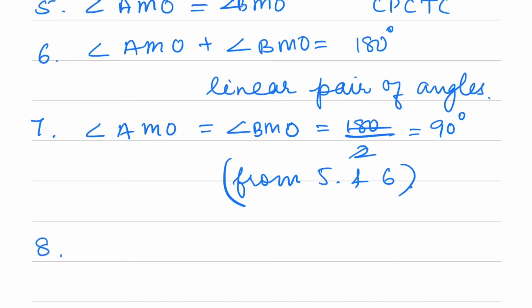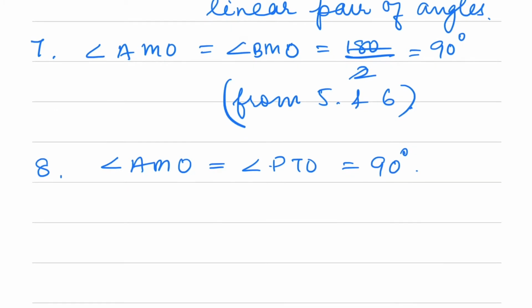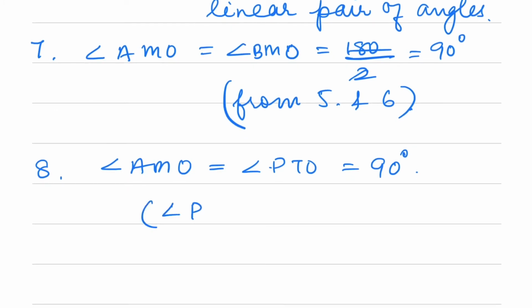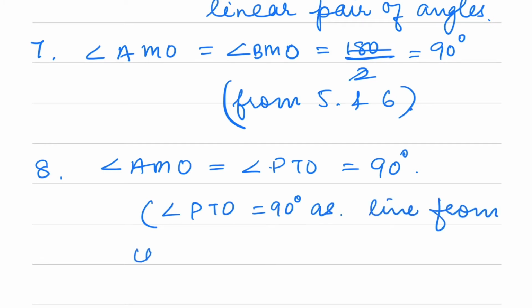And we also know that angle AMO is also equal to angle PTO, both are equal to 90 degree. Why PTO? So angle PTO is equal to 90 degree as line from center to tangent.